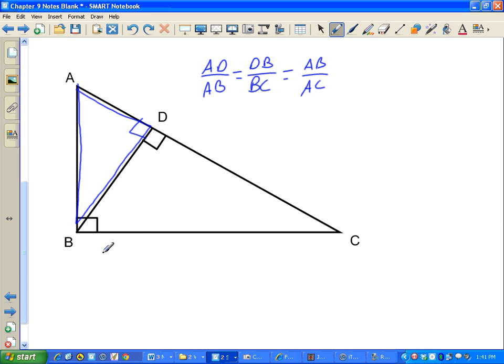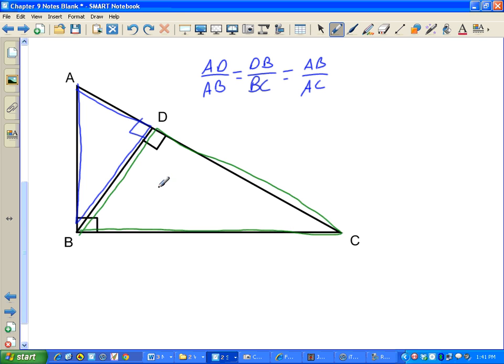Now let's look at the green triangle here. It is also similar to the big one because they both share angle C. Since the blue one is similar to the big one and the green one is similar to the big one, that means they're similar to each other.